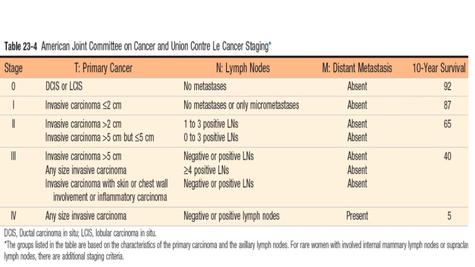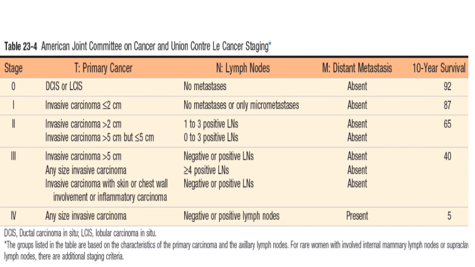Or these stage 2 tumors can be invasive carcinomas that are less than or equal to 5 cm with 0 to 3 positive lymph nodes, and the distant metastasis is absent. The survival is 65%.